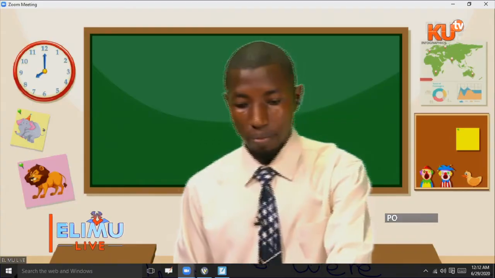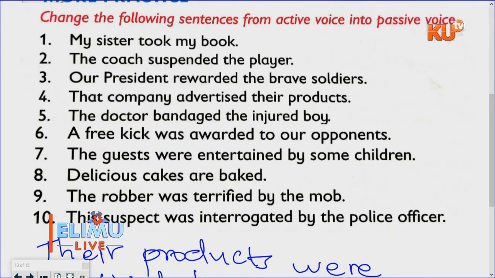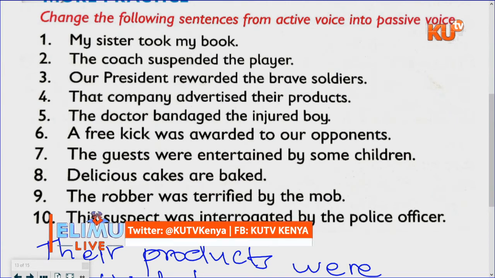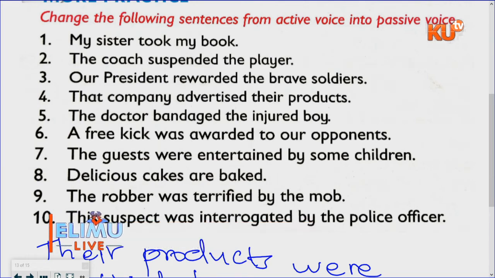Right, so the doctor bandaged the injured boy. The injured boy was bandaged by the doctor. A free kick was awarded by our opponents.